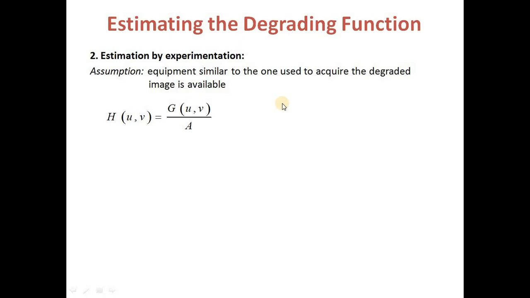So now we have a system which is quite similar to the degradation system which has affected the original image. Now we are interested to know the impulse response of the equipment, the degrading system.